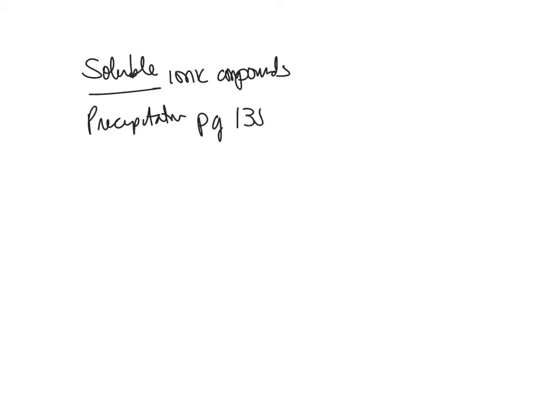So, soluble ionic compounds. So now we're talking about precipitation. So you need to know your solubility guidelines. So those are on page 135 and 136.